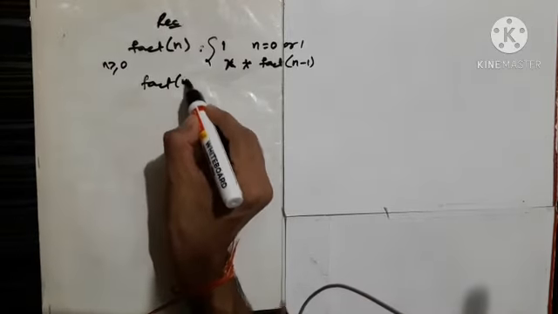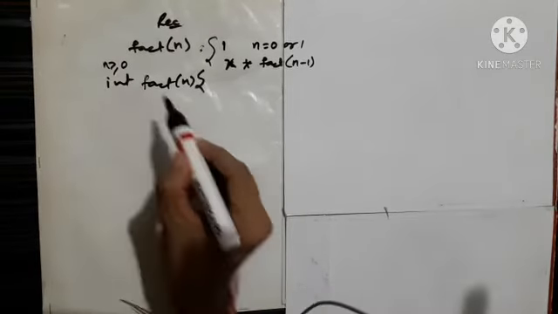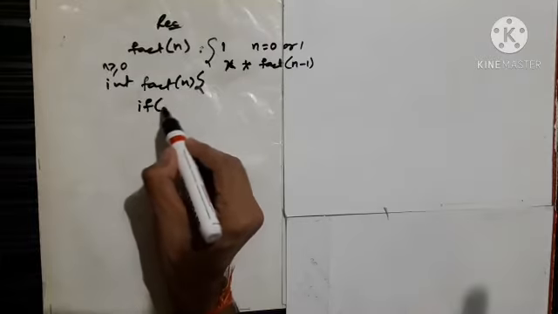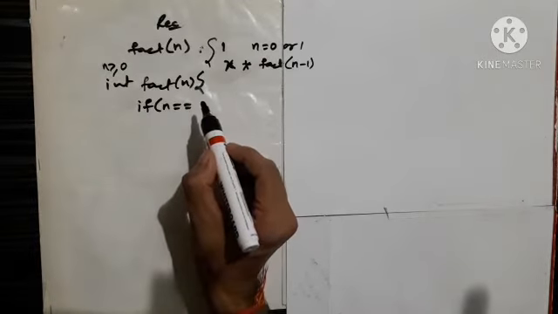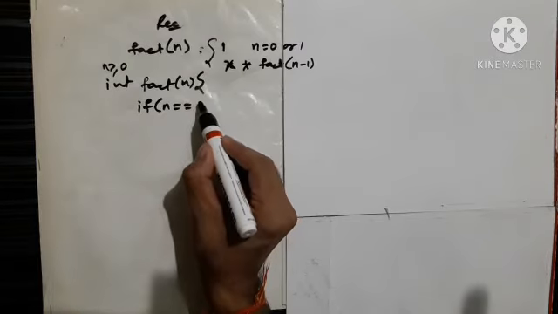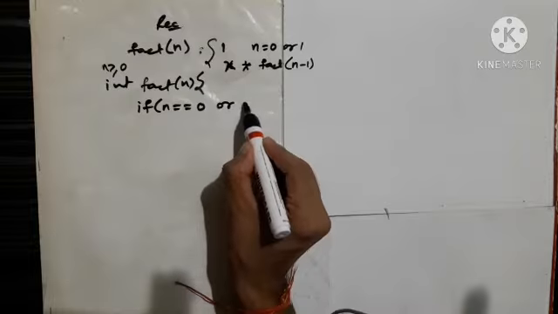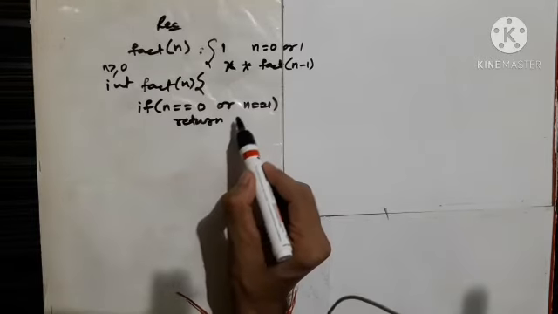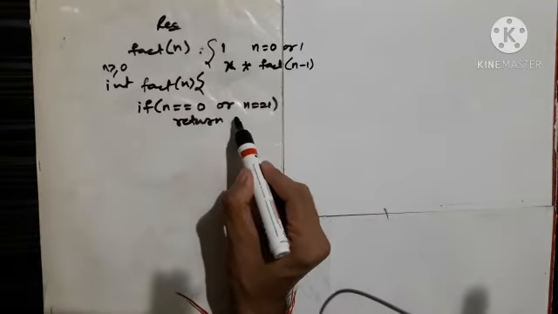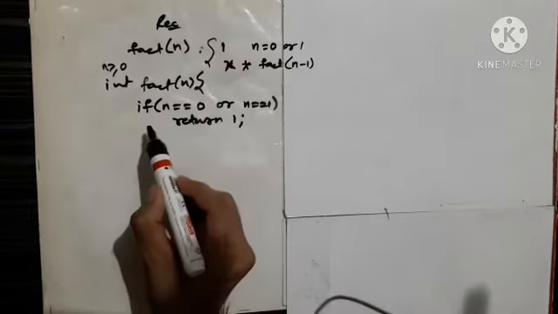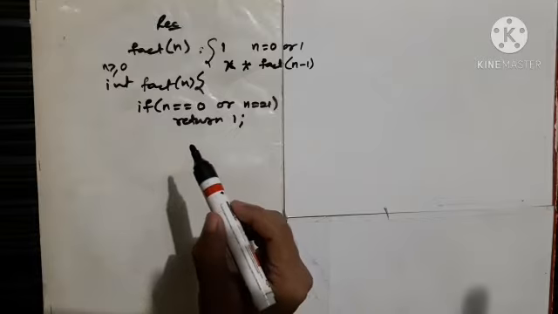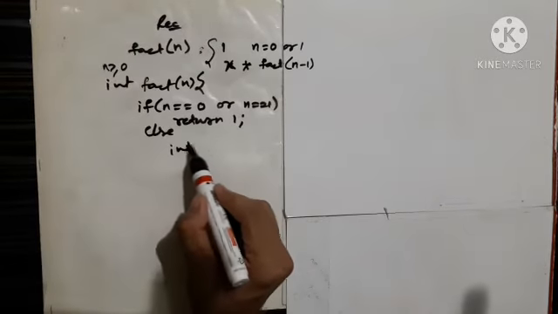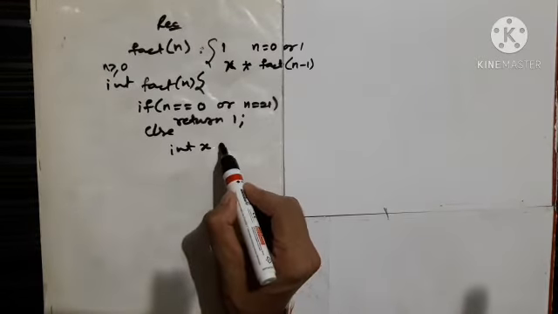Suppose we have a function called fact of n, and let's say its return type is int. First I check if n is equal to 0 or n is equal to 1, then you do nothing, you simply return 1. Otherwise we enter the else part. In the else part I make a variable x.